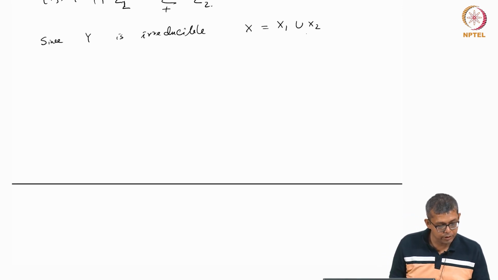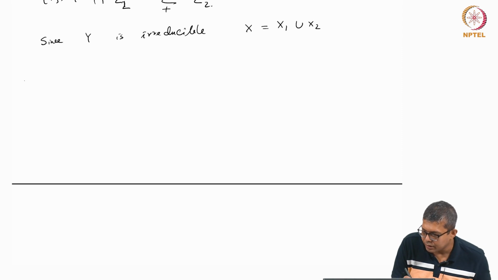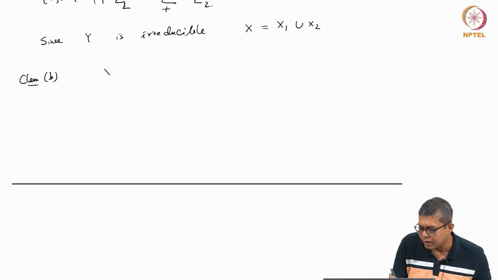Now next is claim B, that X1 and X2 are closed subsets.